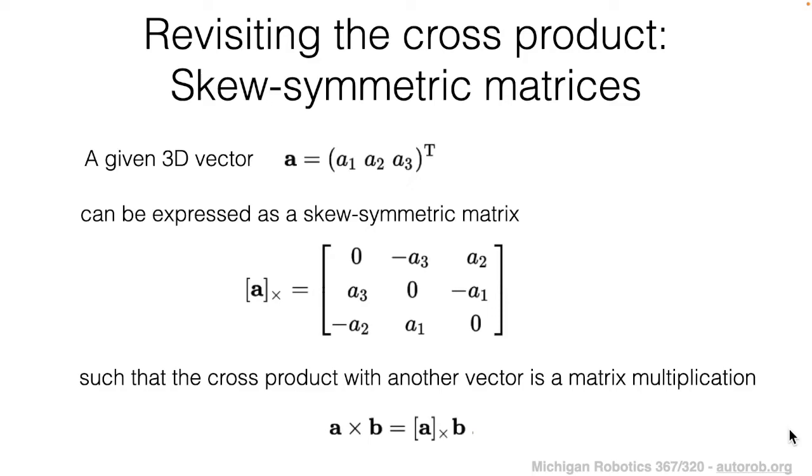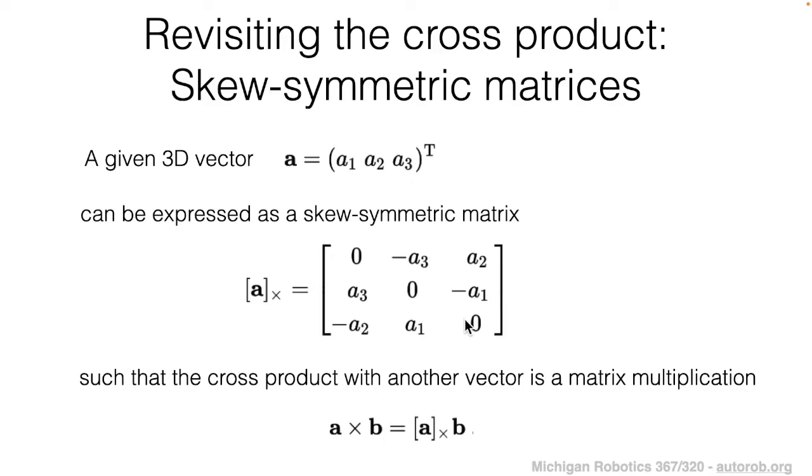So revisiting the cross product, now that we have this notion of matrix multiplication. One interesting fact is that you can actually implement the cross product using a matrix multiply operation if you construct your matrices in this form.